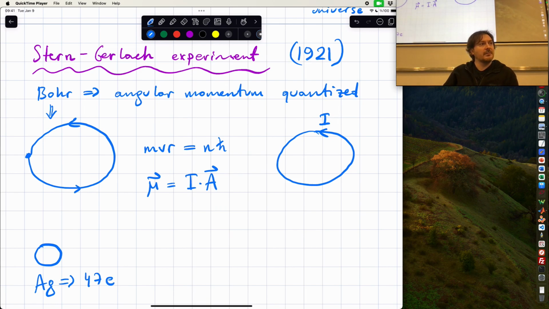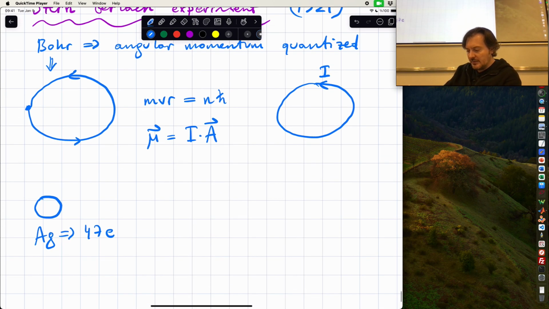Is it the case? Did you check? 47 electrons. And I think it ends with 4s1. Can you also check that one? Okay. So it has a closed shell, more or less, and one electron hanging out. We can think of it that way, and this is a modern picture.